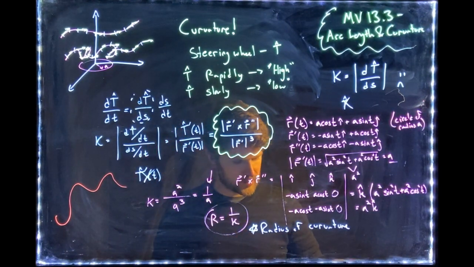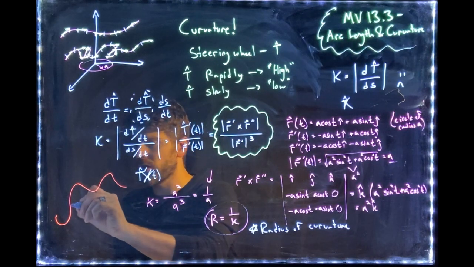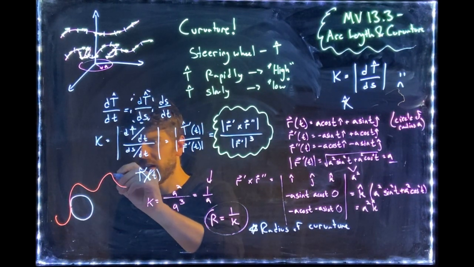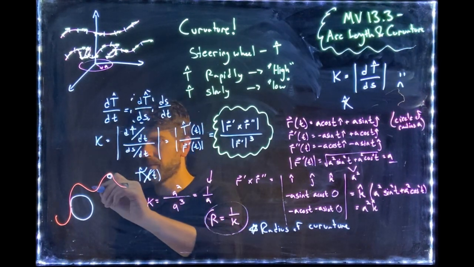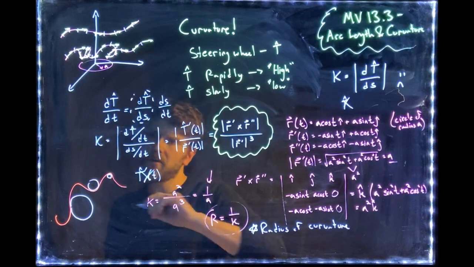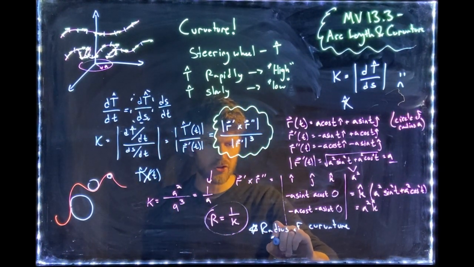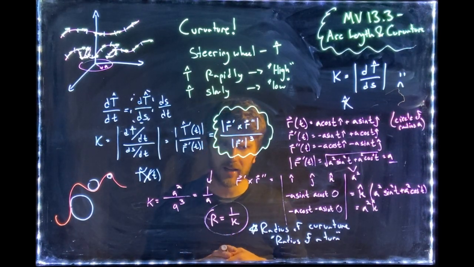At some places, the curve is relatively flat. I can fit a big circle tangent to the curve. In other places, the curve is very tight, and I can only fit a tiny circle in. Here I can fit a medium circle in. The radius of curvature is kind of the radius of a turn, the radius of the turn that the curve is making at this point.